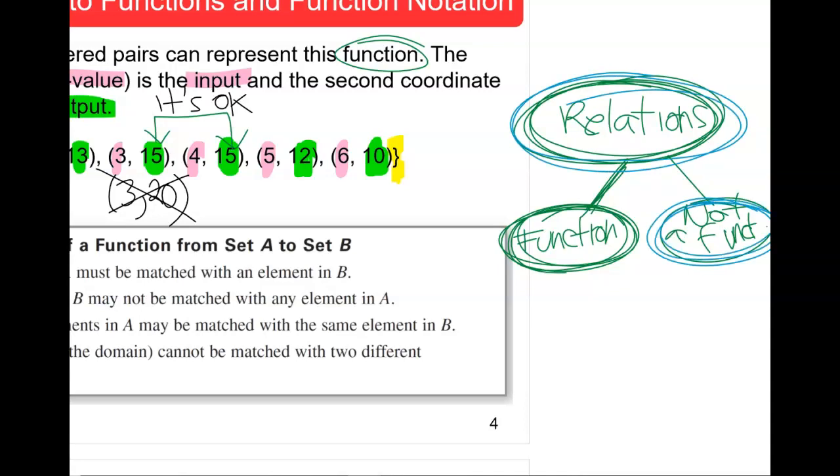Do you see that? So you could have a relation that is not a function.